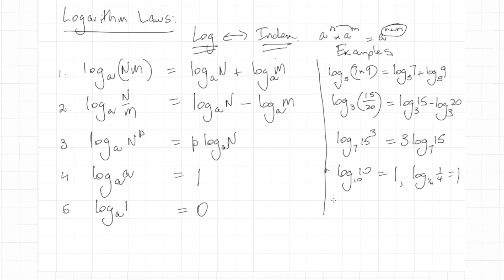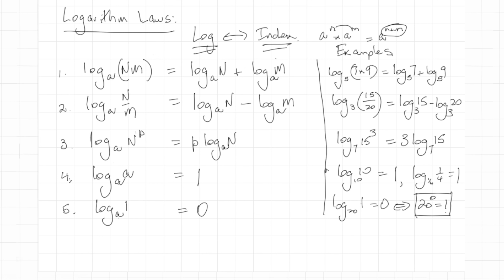So the log to base 20 of 1 equals 0, and that is because 20 to the power of 0 is equal to 1. So go back to the definition of logs. If 20 to the 0 is 1, then the log of the number 1 to base 20 must be equal to 0.